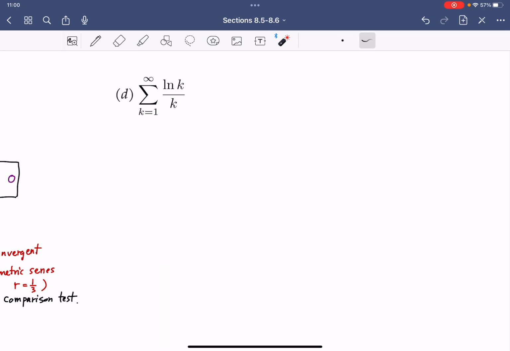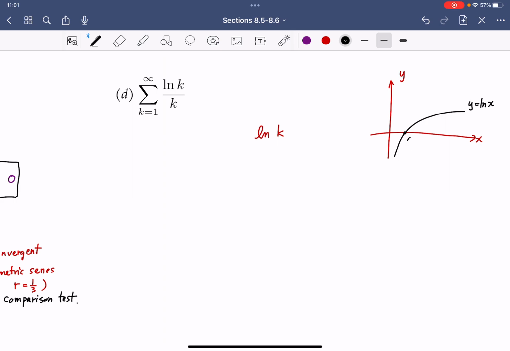So we're going to start by looking at the function log x, or log k. If you draw a graph of log, when x equals 1, y equals 0, right?